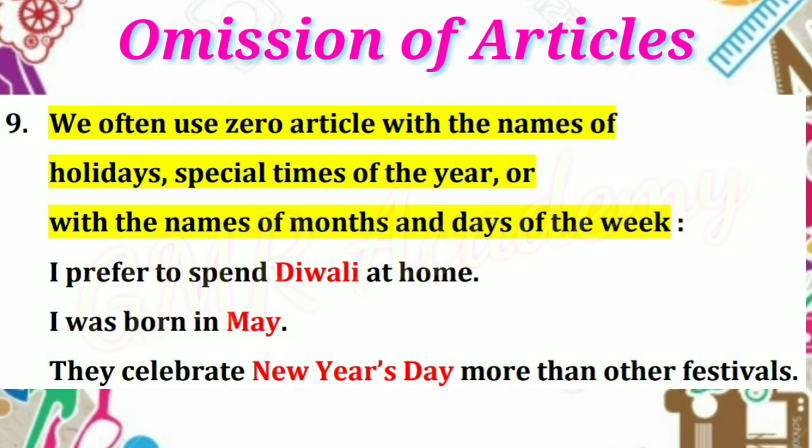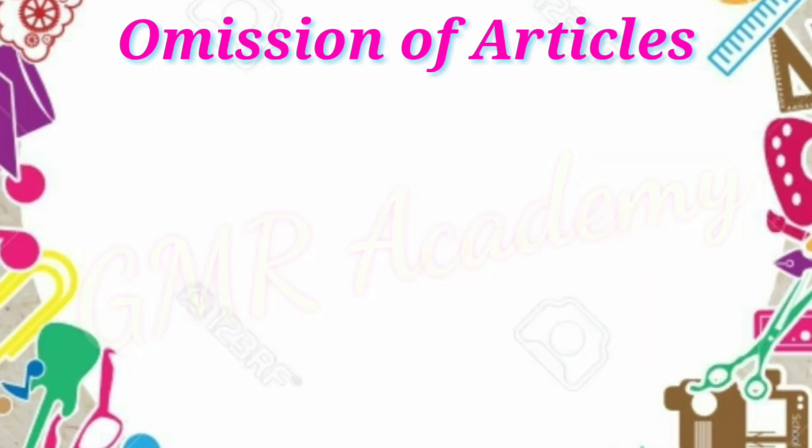I was born in May, referring to a month. They celebrated New Year's Day more than other festivals. Here New Year's Day is a particular or special day. So no article is used, zero article.